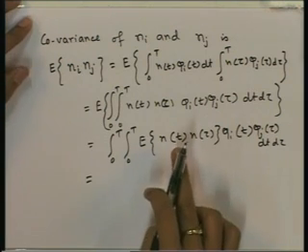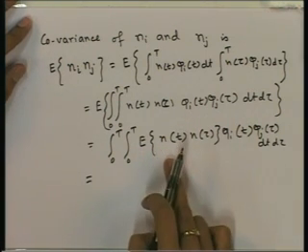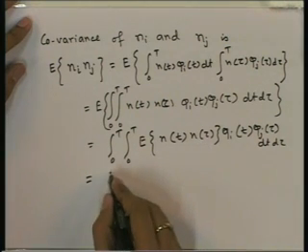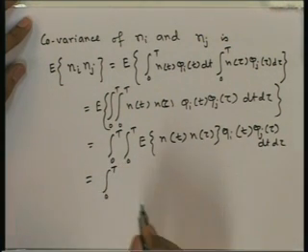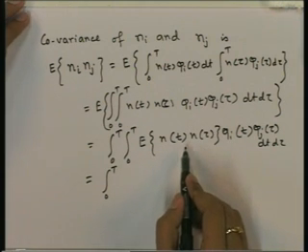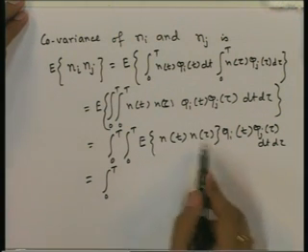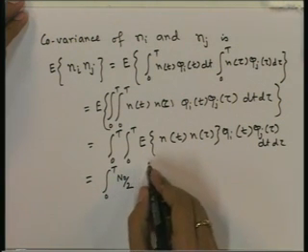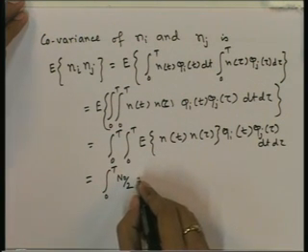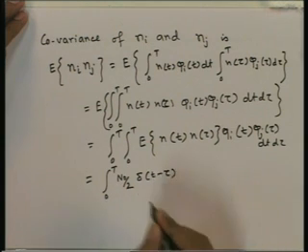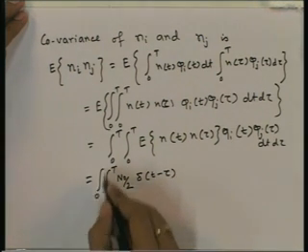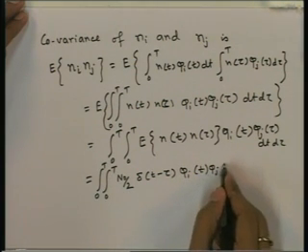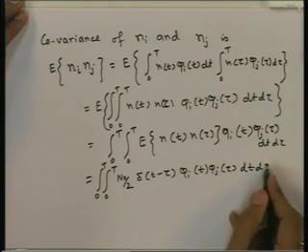This is the autocorrelation function of a white Gaussian noise at t minus tau. Because it is white with power spectral density N_0 by 2, we know that this result is nothing but N_0 by 2 delta(t minus tau), and phi_i(t) phi_j(tau) dt d tau.